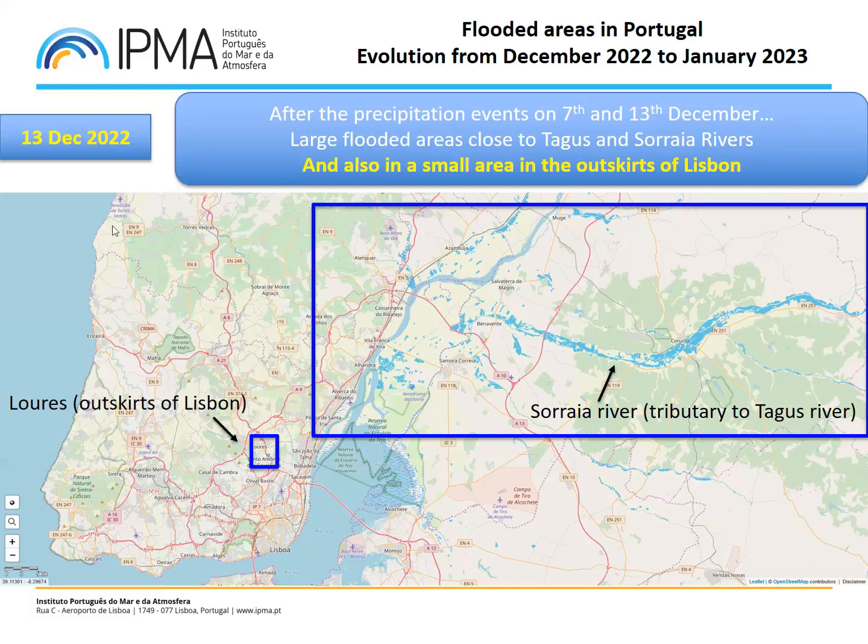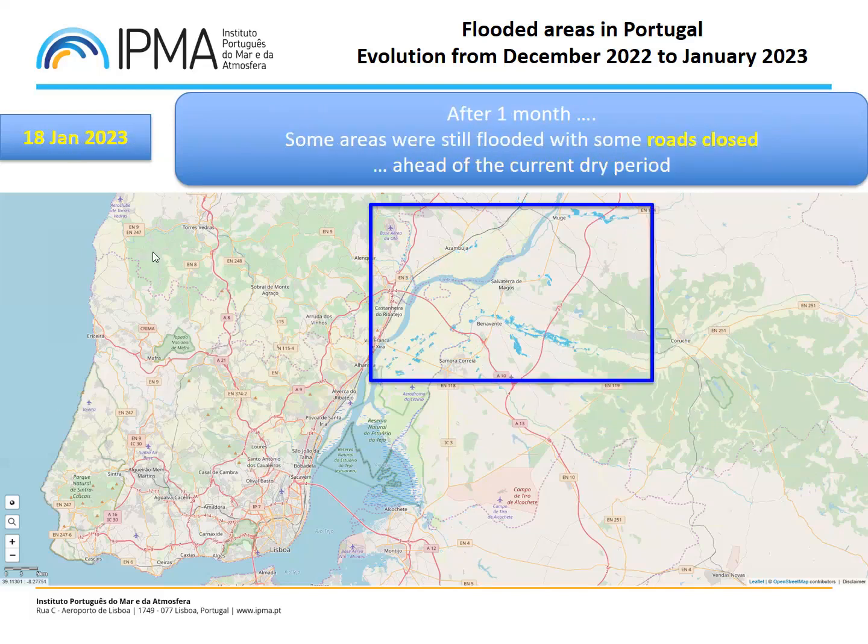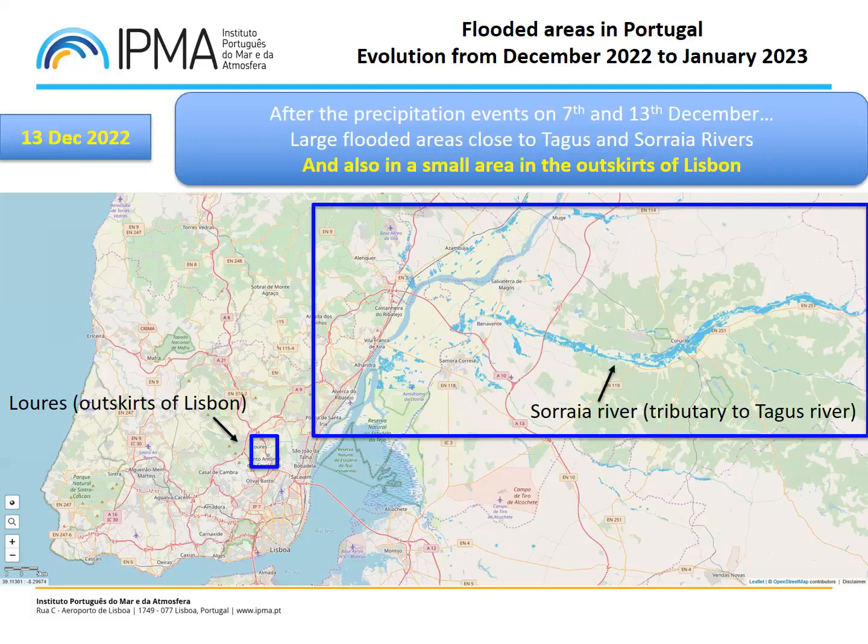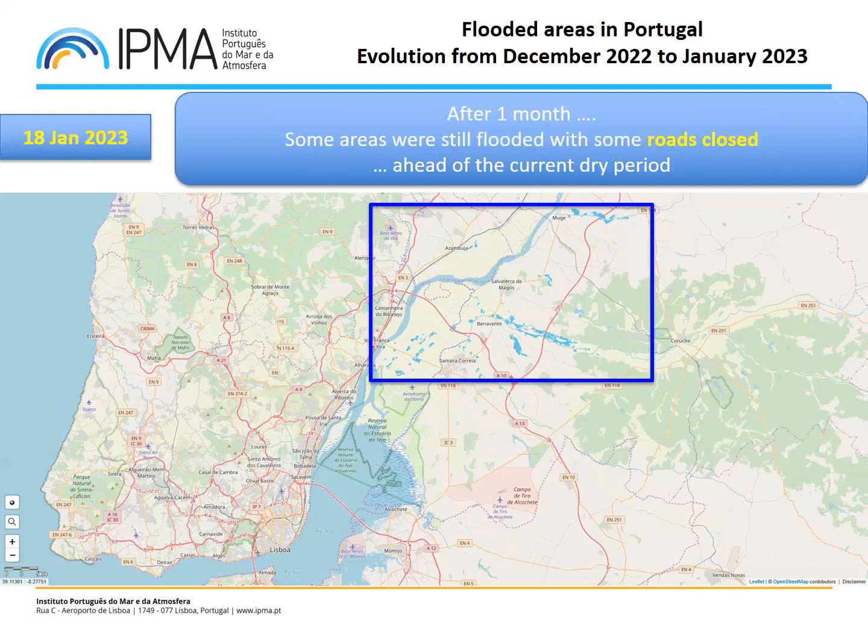So this was in the middle of December, and after 1 month approximately, we still had some areas that were flooded here. You can see also this Sorraia River in here, not in Lisbon. Of course, fewer areas, and I will toggle again. See, so the decrease until the 18th was such that at least some areas were still with problems.